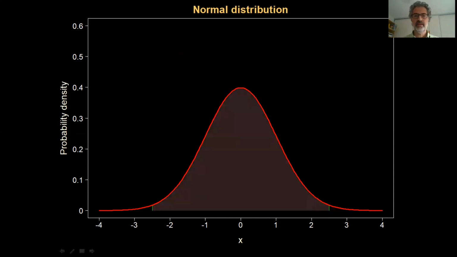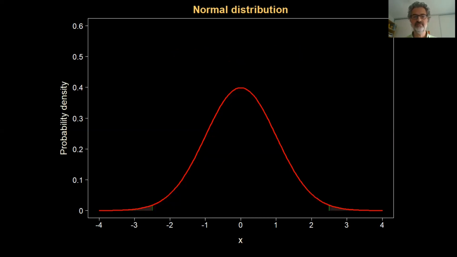And what about the range between minus 2.5 and plus 2.5? This probability here is about 99%. And therefore, outside of this range, so from 2.5 and above and minus 2.5 and below, the sum of these probabilities is about 1%.